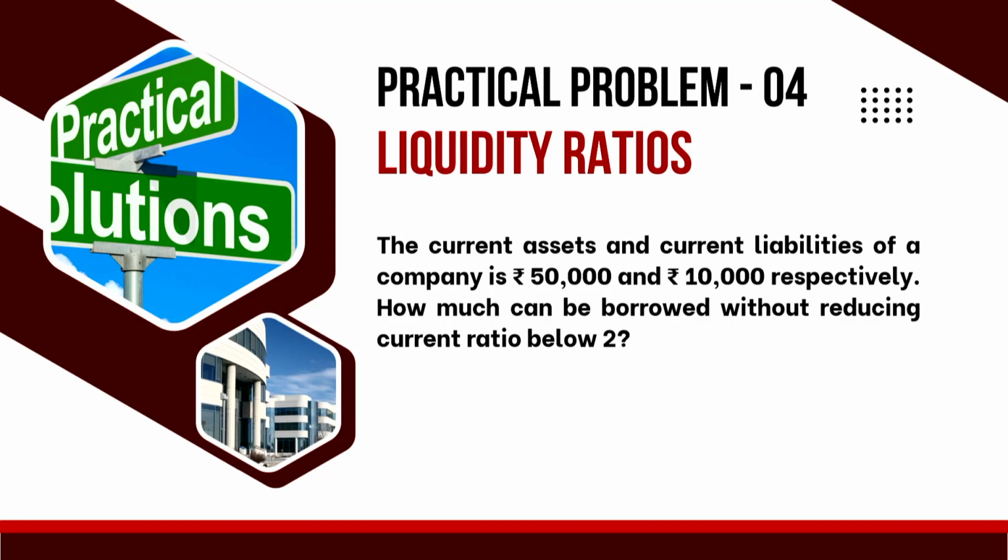As per the question, we have the current ratio where the current assets are 50,000 and current liabilities are 10,000, which falls to 5:1. And the company has to borrow some funds without reducing its ratio below 2.